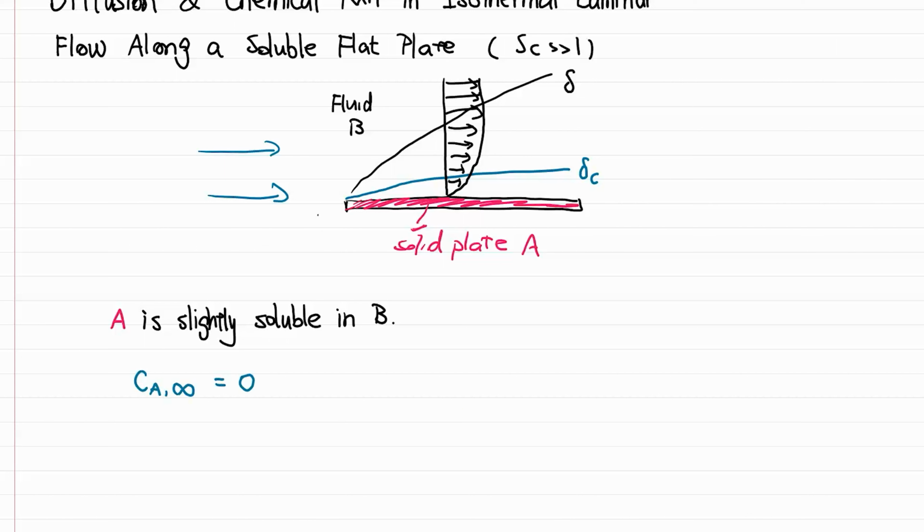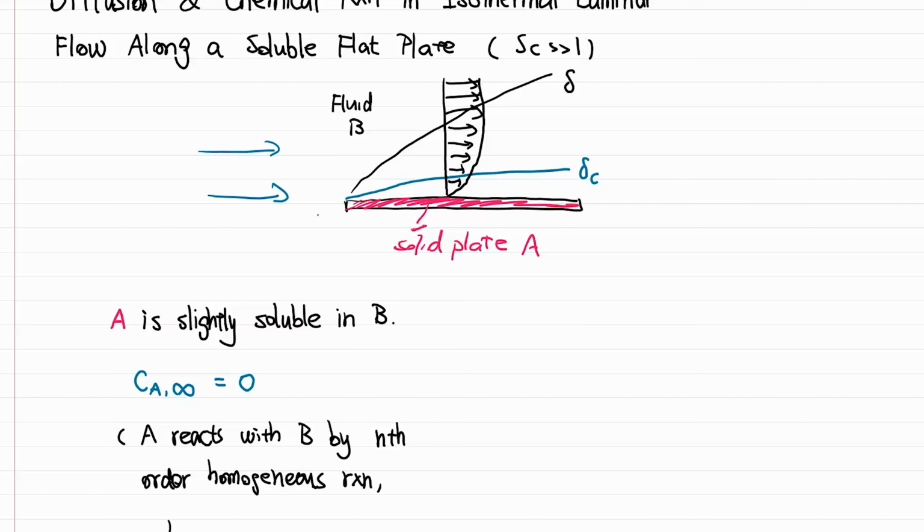Also, let's say A may or may not react with B, but if A reacts with B by an nth order homogeneous reaction, we have rA, the reaction rate. Maybe we should use a lowercase. ra equals negative kn times CA to the nth power.